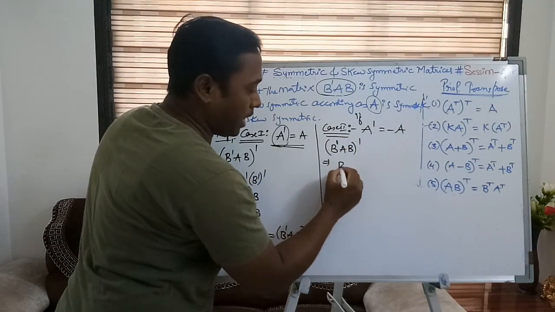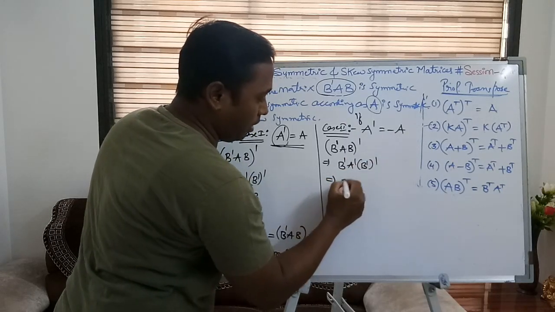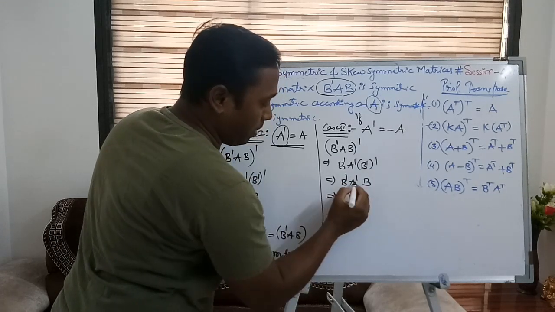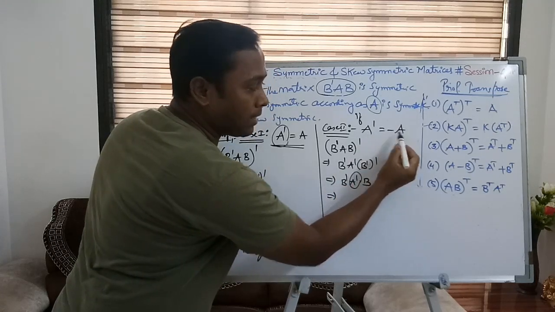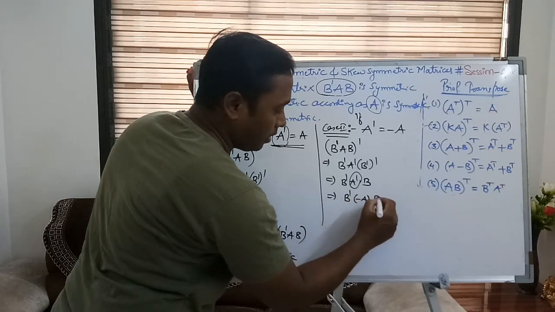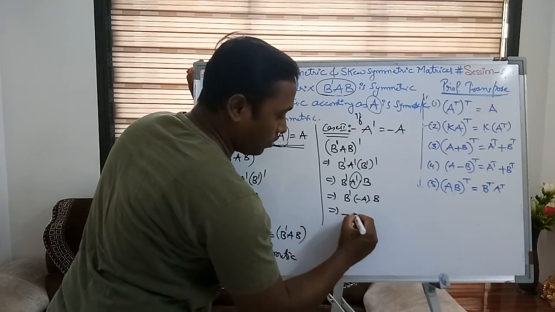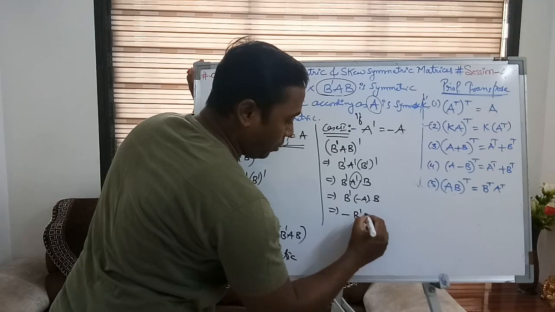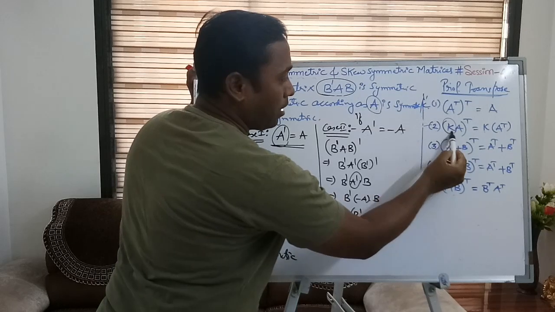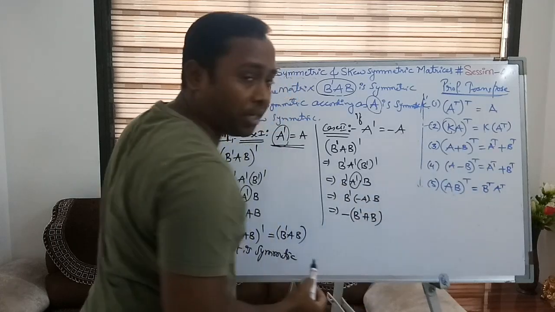So by reversal of transpose I can write B dash A dash B dash whole dash, which will result into B dash A dash B, since transpose of B dash is B. But here A dash is minus A, hence I can replace this with minus A into B. I can write this minus outside the product, because I already told you that when you multiply any matrix with a non-zero constant, it does not change its property.